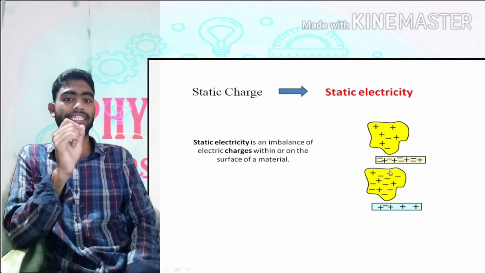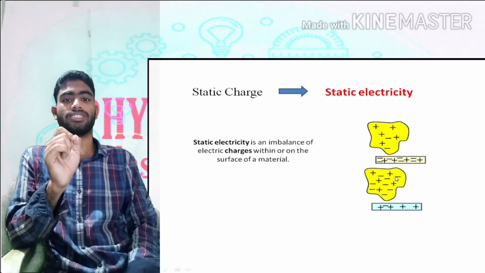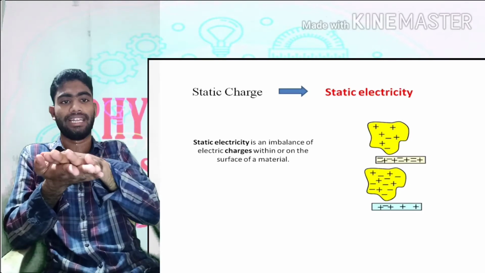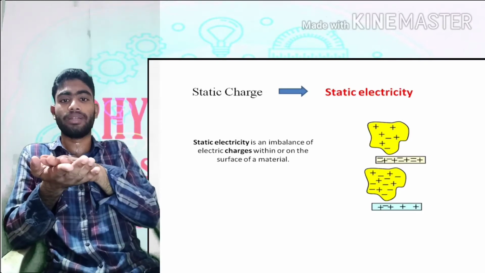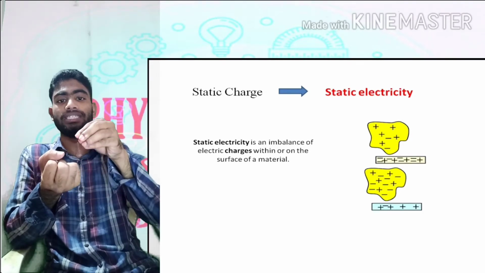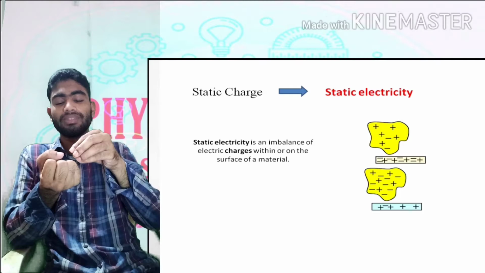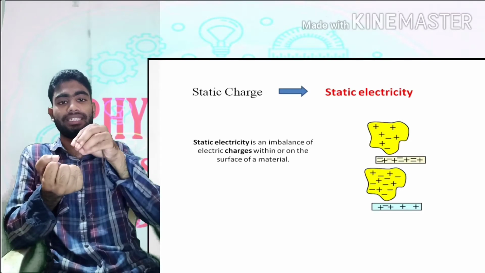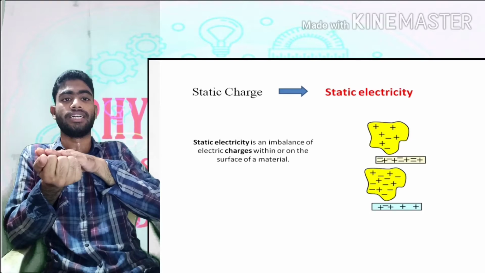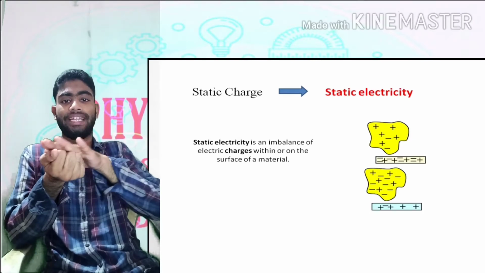So static electricity simply means the imbalance of electric charge on the surface of a material. Don't ever think that charge stays inside the matter. It never stays inside the matter; it always stays on the surface of the material.